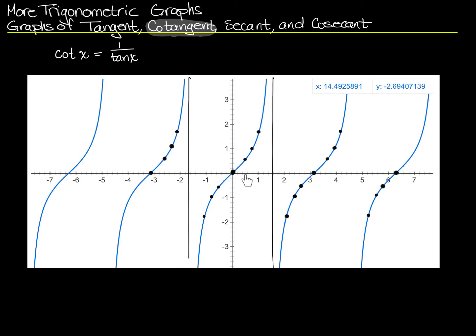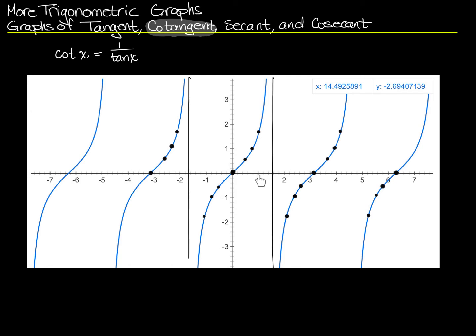Here I'm at pi over 6, and my actual value there, 0.58, is 1 over the square root of 3. Putting 1 over the square root of 3 into my calculator, I get 0.577, or 0.58, which is about 0.6. And that is actually the value for tangent at pi over 3.